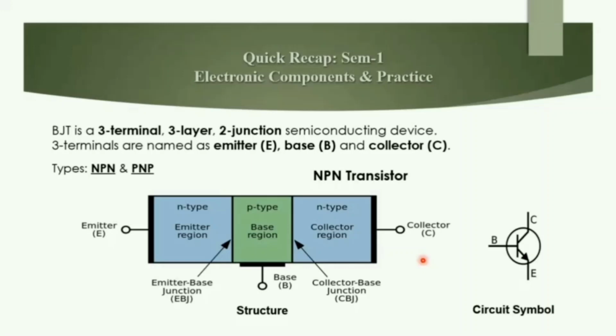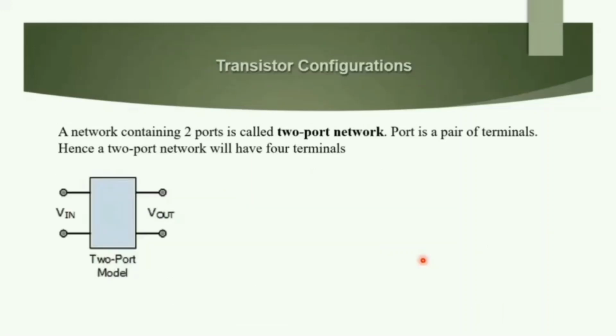Okay. Now let's talk about two-port network. A network containing 2 ports is called two-port network, where port is a pair of terminals. So in this diagram, we are having port 1 and port 2. So a two-port network will be having total of 4 terminals.